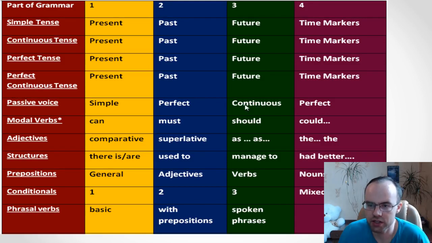Yeah, so present continuous passive. You may think that there is one more group of passive voice, but it isn't so. I actually had it here by mistake.